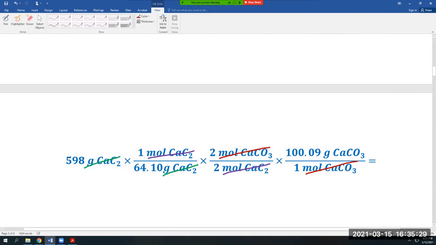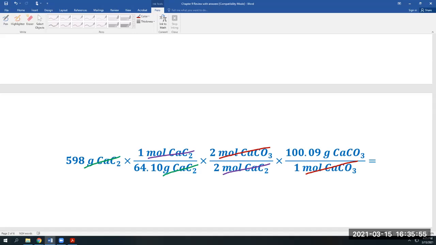So in the calculator, you do 598 grams of calcium carbide. I like to multiply all numerators together. So times 2 moles of calcium carbonate times 100.09. And then I divide by each denominator. So divide by 64.10.